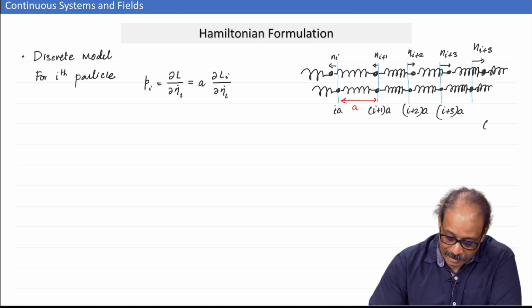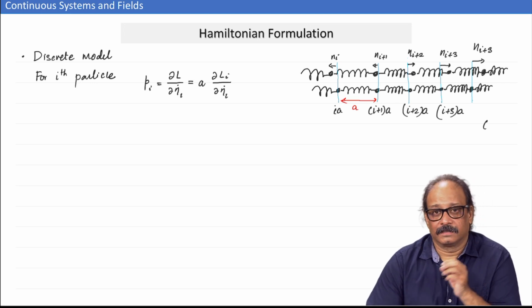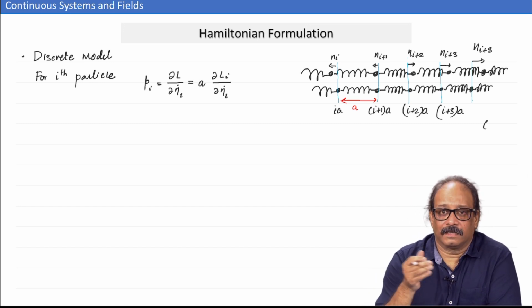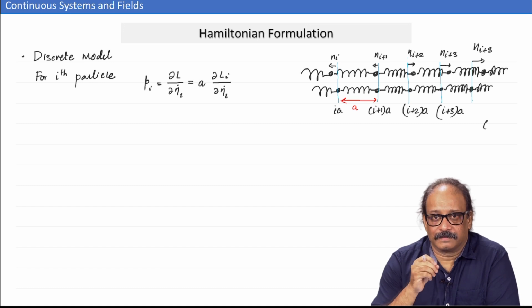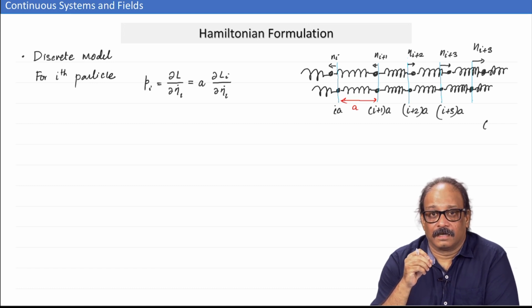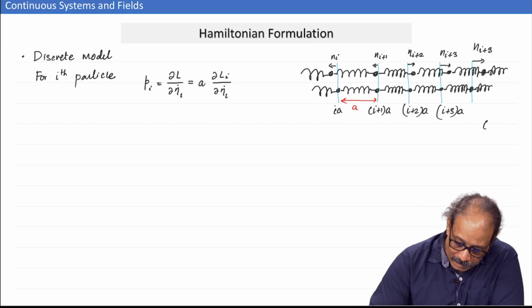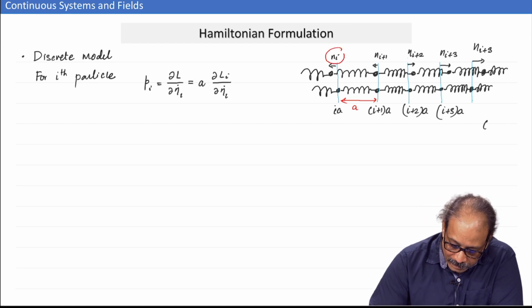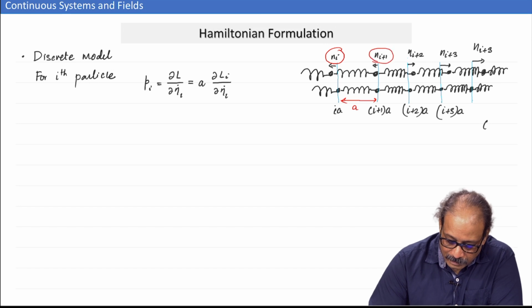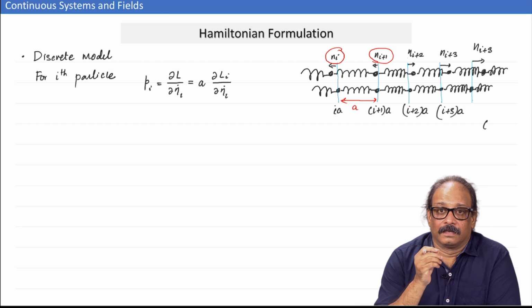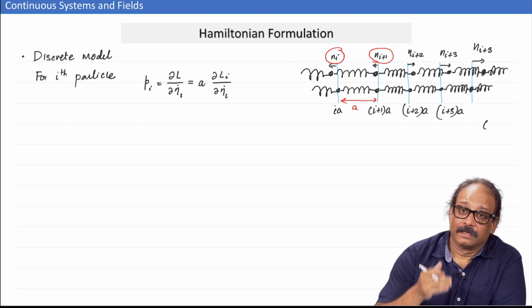And they are connected by identical springs. The individual neighbors are connected by individual springs, and then there are vibrations or displacements of individual particles along the line. I am considering only longitudinal displacements here, but they are denoted by these displacement variables, okay. Fine. And then from here we constructed the Lagrangian, okay.